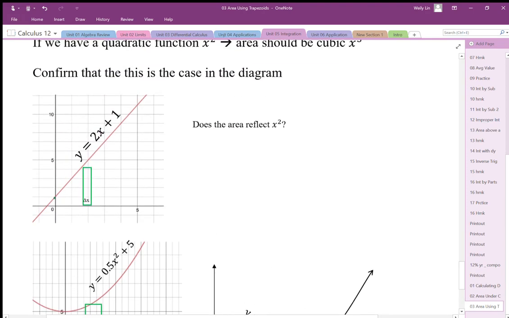And furthermore, these units seem to work out, because if you think of the area under this function here, this area has an x in it this way, 2x plus 1, and it has an x in it this way. And this area must have an x squared unit.